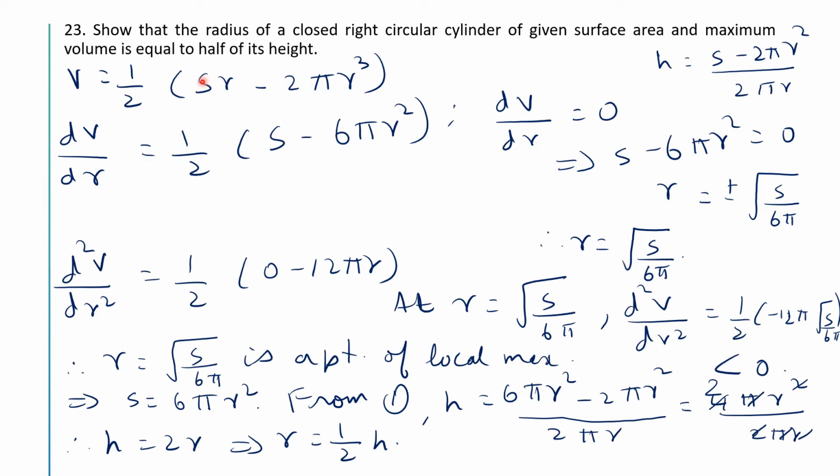So here it is asked the radius of a closed right circular cylinder of given surface area and maximum volume is equal to half of its height. So for a right circular cylinder of given surface area, the volume will be maximum when the radius is equal to half of its height. So here we have got the radius of the cylinder is equal to half of its height.